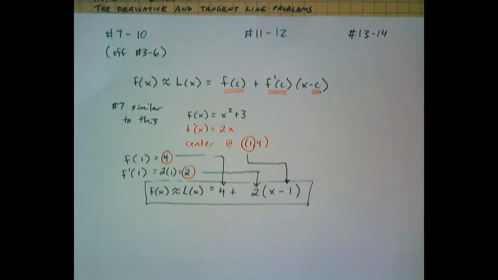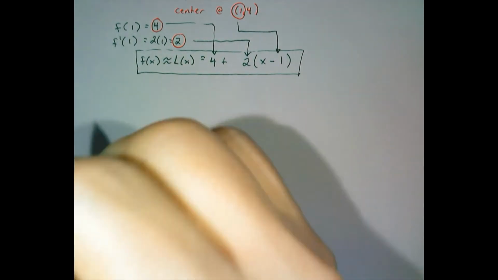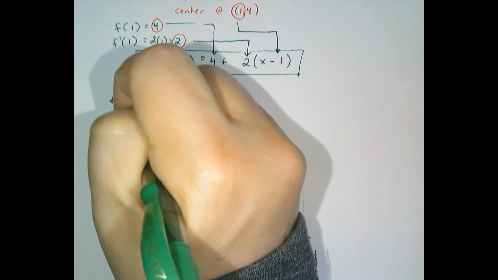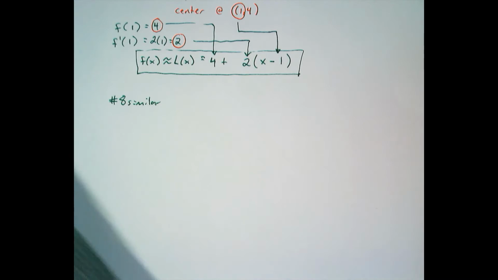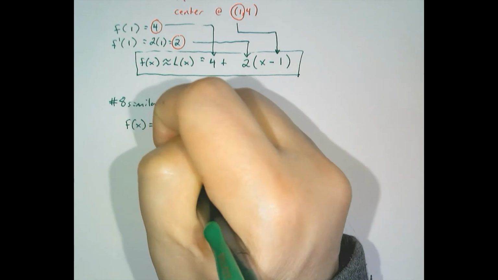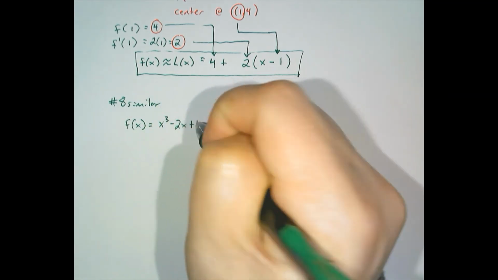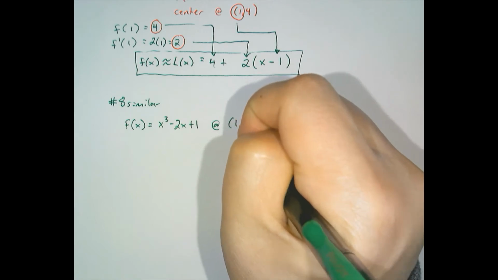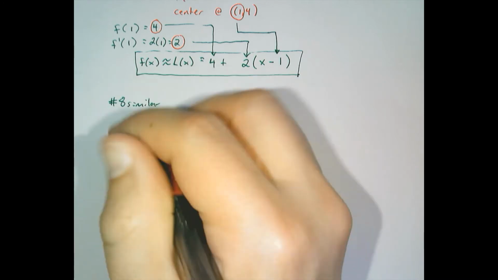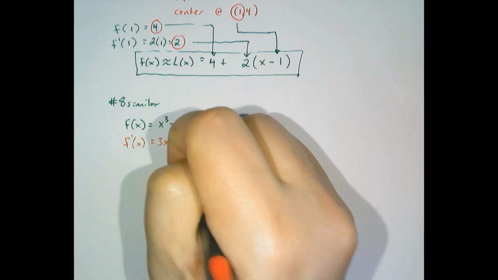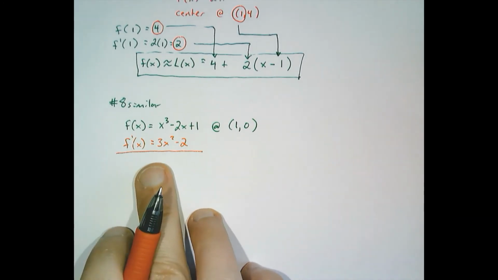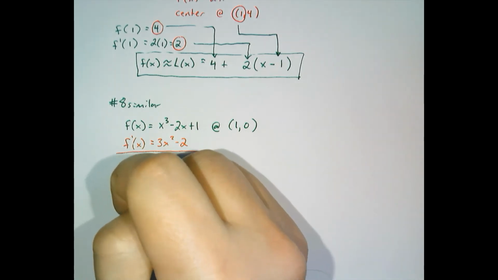Okay, we'll do one more using my information from the last video. We'll say we're doing the one that's similar to number 8. We are given this information, and in the last video we discovered that f prime of x is 3x squared minus 2. From that we start doing the problem, which is to identify f of the center.